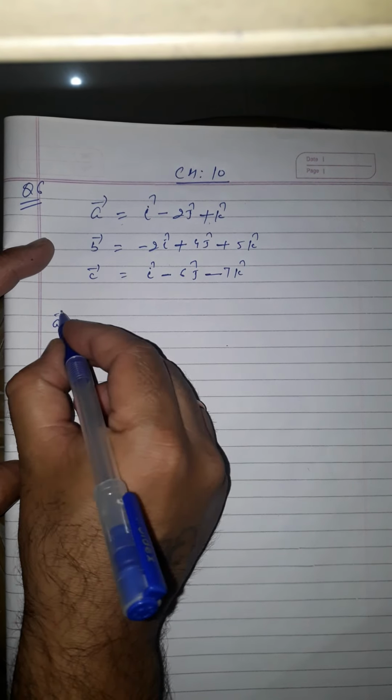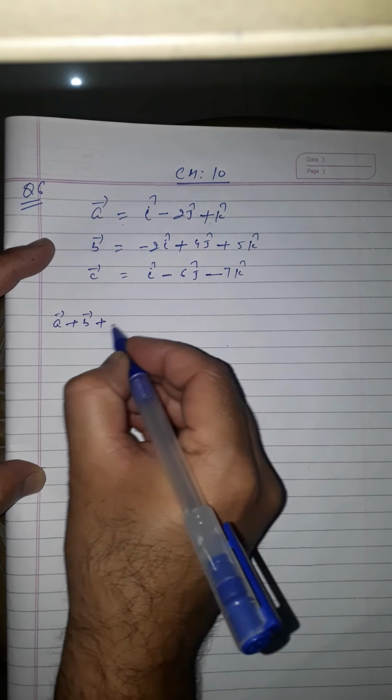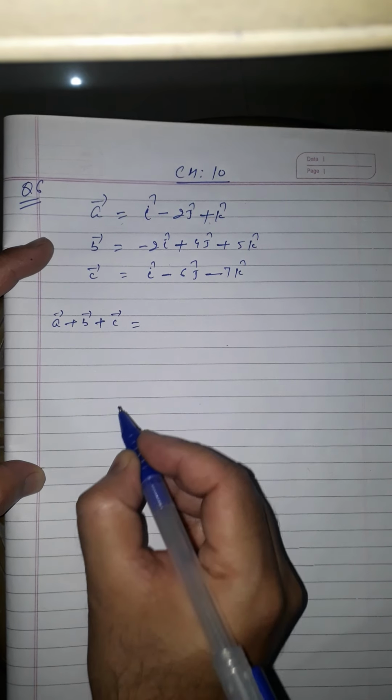Now students, here we have to add these vectors, vector A plus vector B plus vector C.